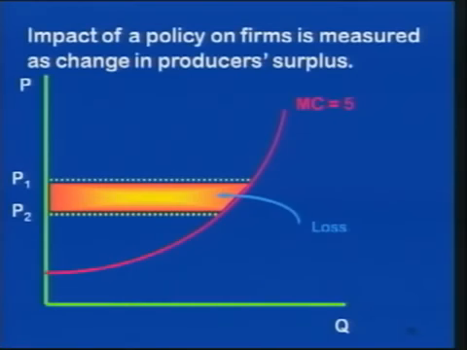The change in profit for the firm, if the price goes down from P1 to P2: this is their profit before the price change. It's this area minus fixed cost. This is the profit at the lower price, so they're getting less profit, minus fixed cost. The difference is the loss to the firm in operating profits, or in total profits, actually.